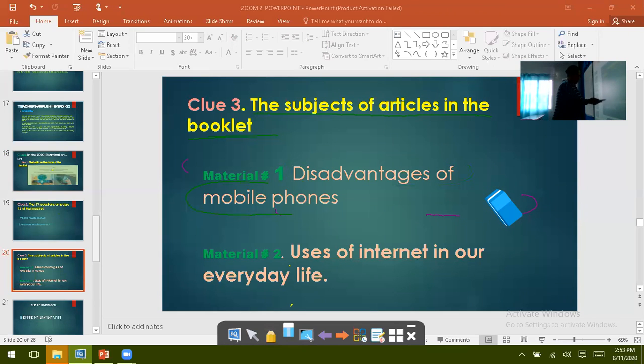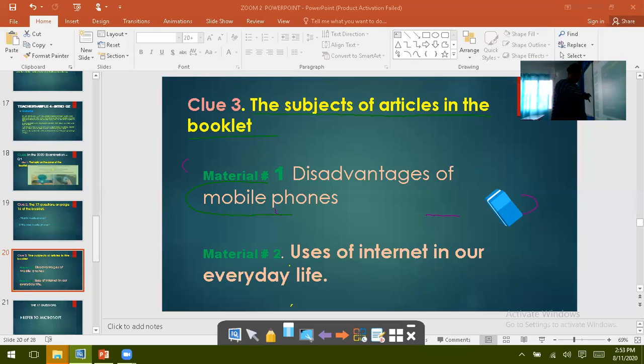Material number 2, the use of internet in our everyday life. All right. So go through the article list and highlight what it sounds like the question is going towards. What is the discussion about? All right. So that's material 1 and number 2.